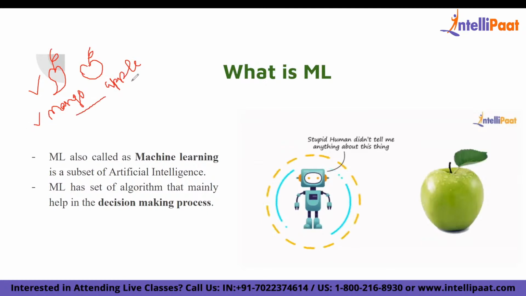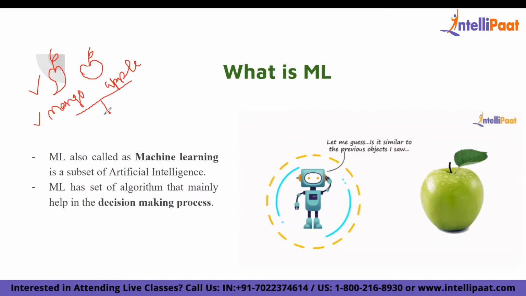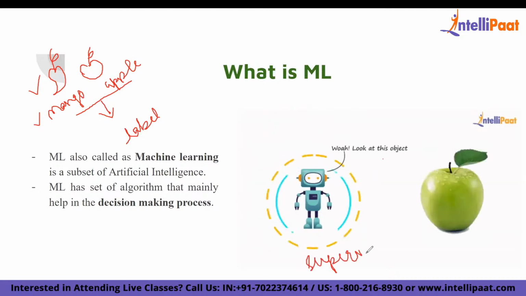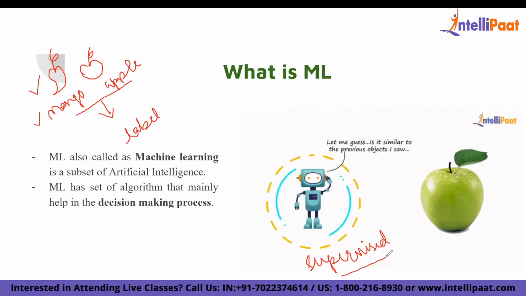Okay, this mango and apple that we have now, these two are nothing but the labels. These two are labels of the data. So basically this example that you can see over here is the example of what? Supervised learning.